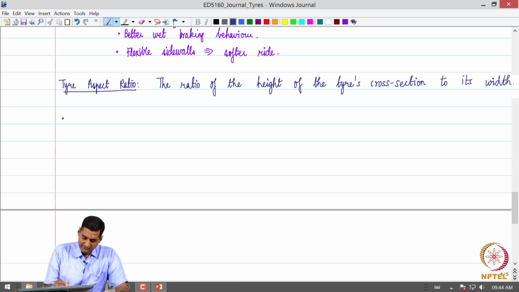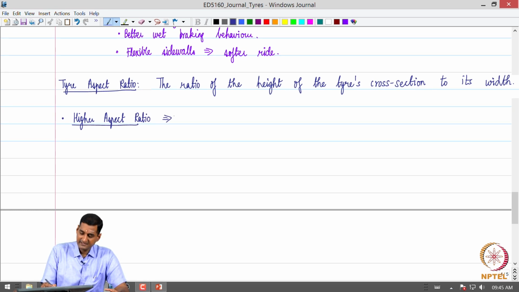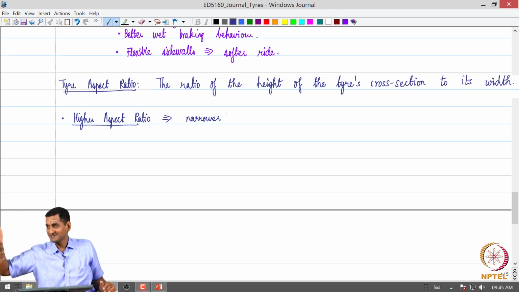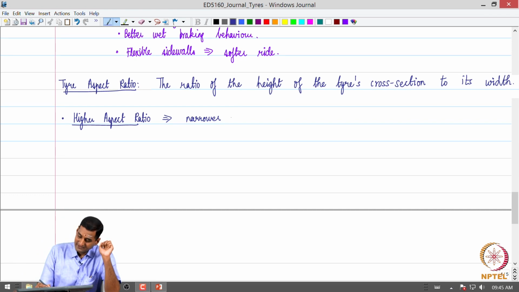If we have a higher aspect ratio, this implies narrower tires, because if the aspect ratio is higher, that means the height divided by width is large. So, we are going to have smaller width, resulting in narrower tires and larger sidewall height. The sidewalls are going to be much larger in size, relatively.